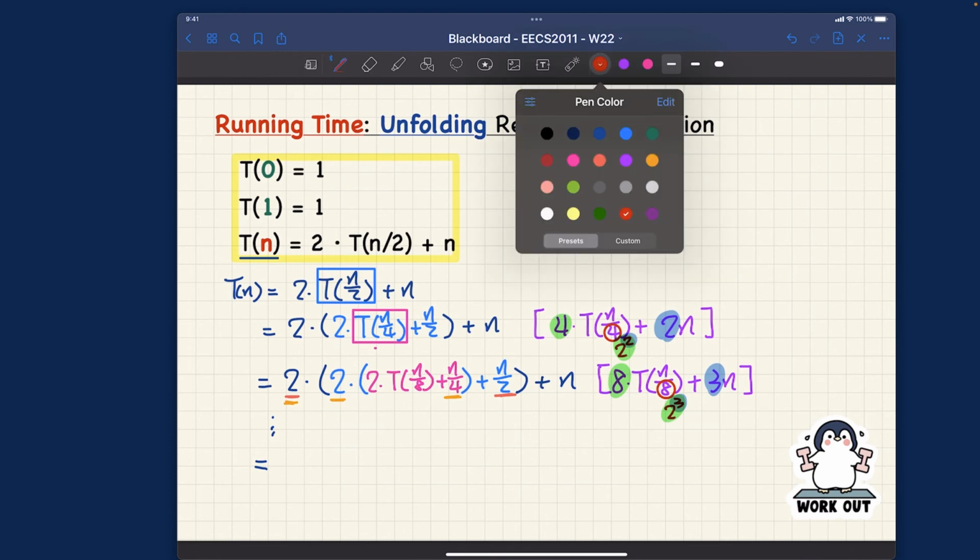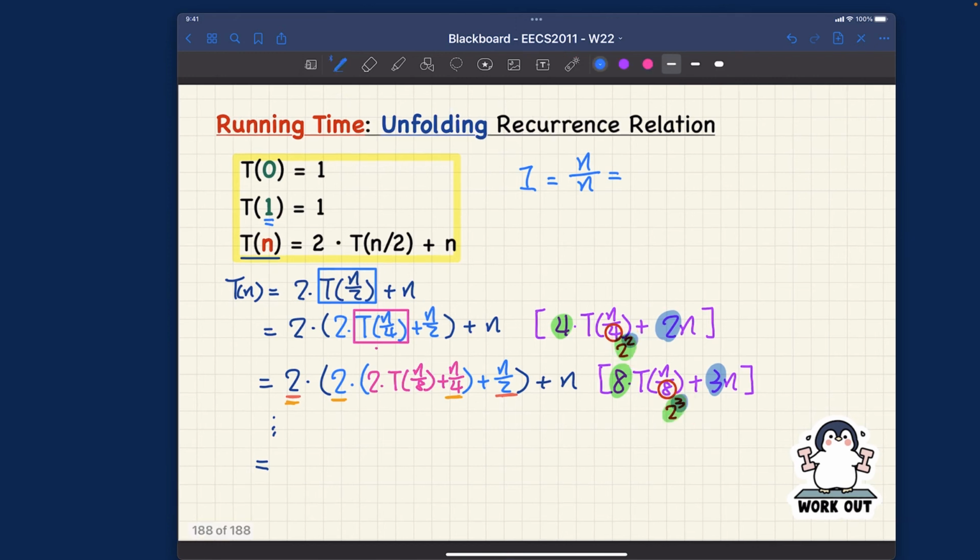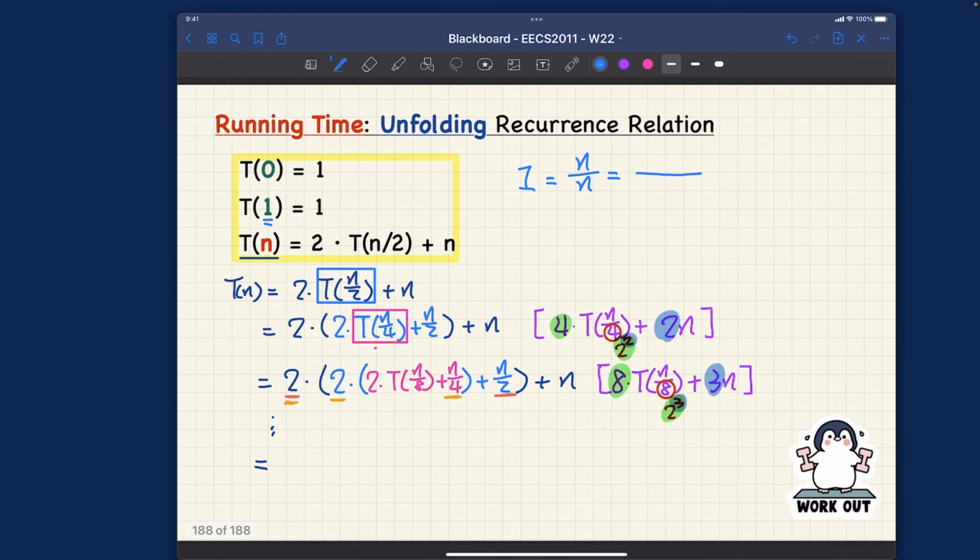If you recall, when we say 1 over here, we want the input size 1 to be equal to n divided by n, and we want to get it into the form of 2 to the power of something. We want to say it will be n over 2 to the power of something. What should this be? And that's the log property that we spoke about earlier in the same lecture.